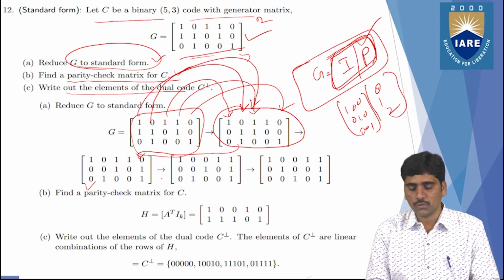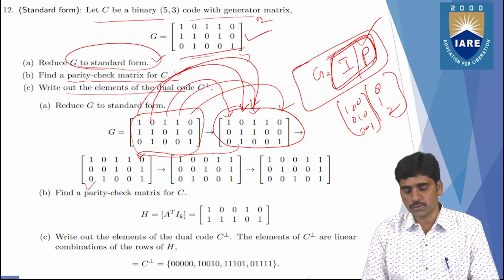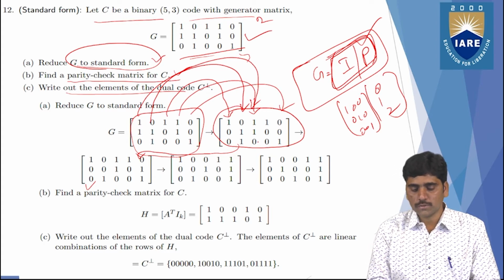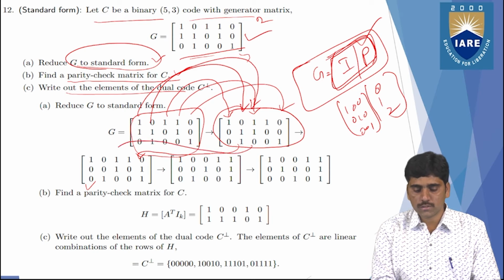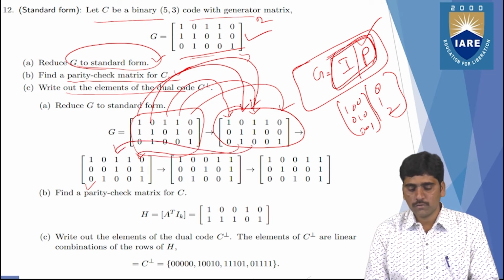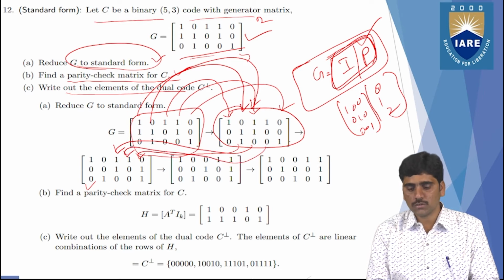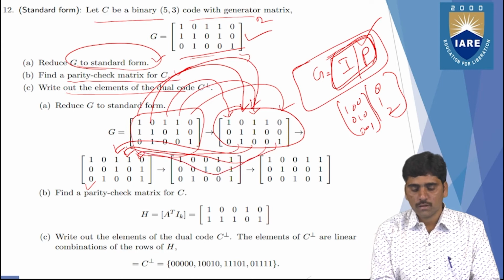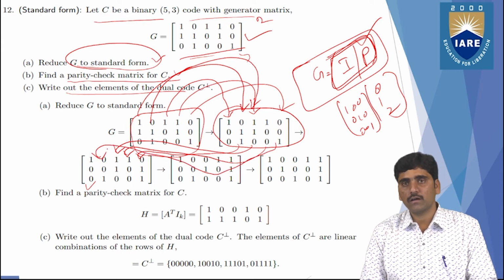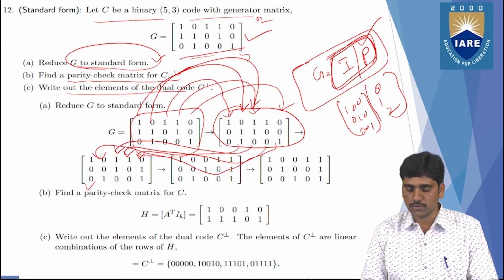So the second row goes to the last position, the third row 1 1 0 stays in the same third position, the fourth row 1 0 0 has the same position, and the last fifth row 0 0 1 is replaced into the second position.